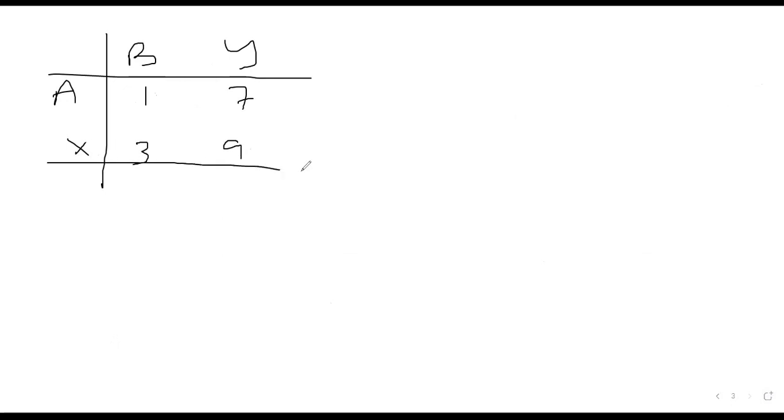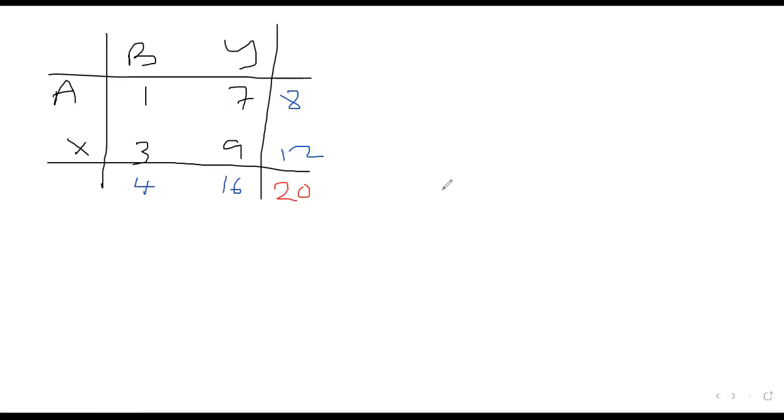So the first thing we total up. What total do we have here? Total for A is 8. Total for B is what? 12. And here, what do we have? 4. And here, what do we have? 16. And the grand total here is what? 20.